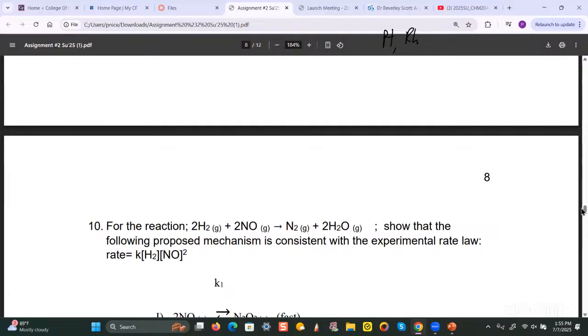Well, there's some algebra involved. Let me use the board directly.